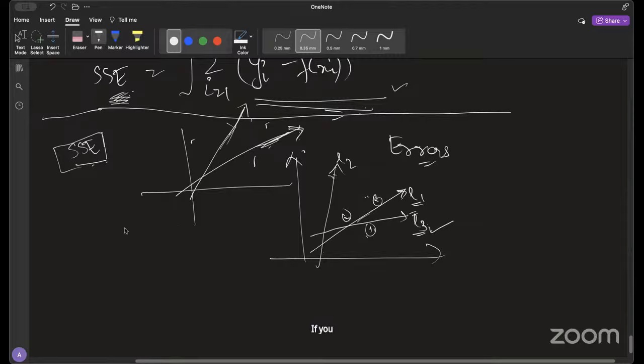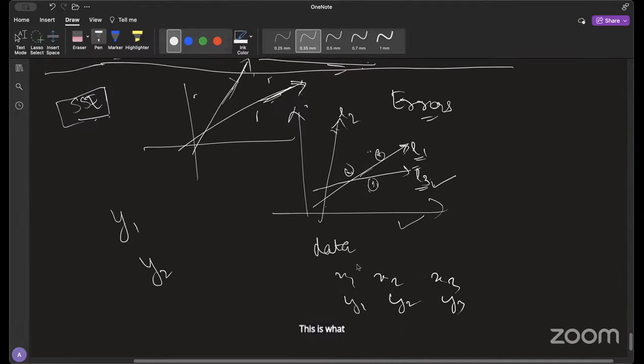If you have been given data and 2 lines, you won't be given the diagram. You will just be given the lines, y1 and y2, and the data points x1, y1, x2, y2, x3, y3.